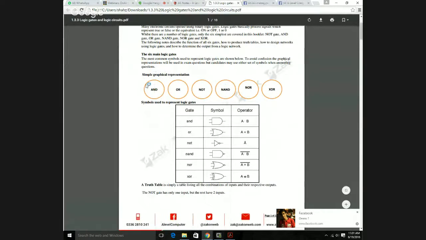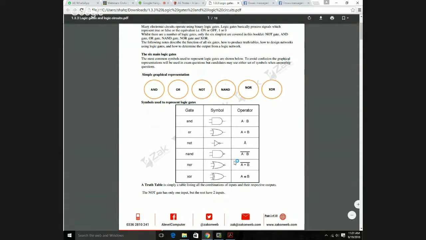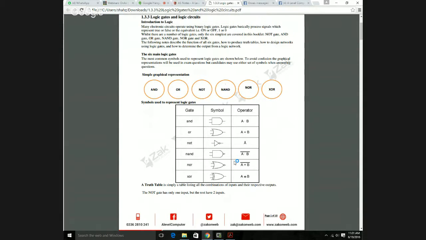Symbols can be drawn like this, and they can be drawn like this. These are called the MIL symbols, the military symbols. They were named military because when electronics was really evolving at the very beginning, the U.S. State Department named them the military symbols, so we still call them MIL symbols.